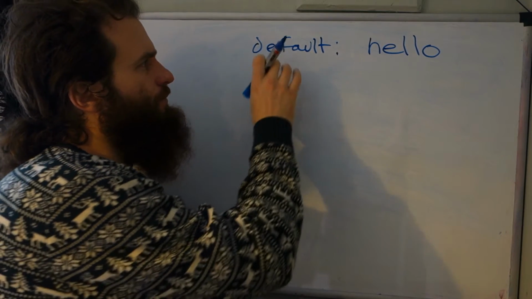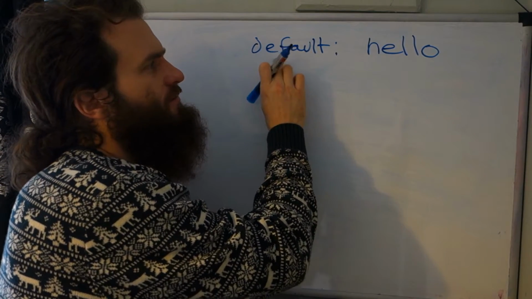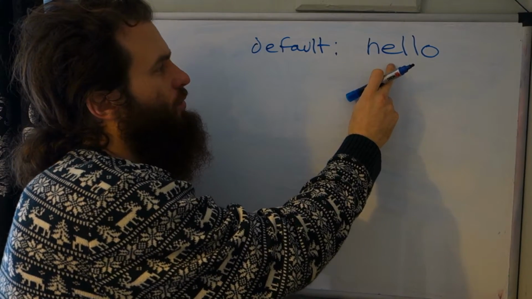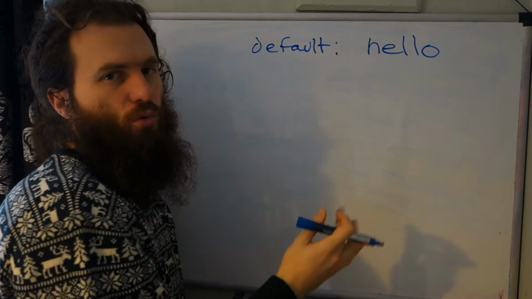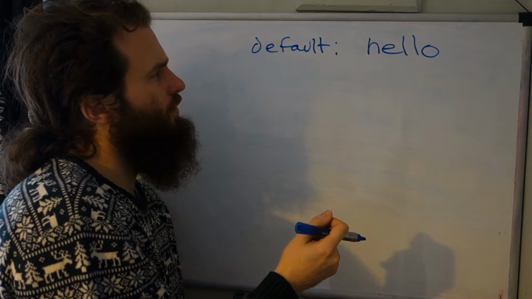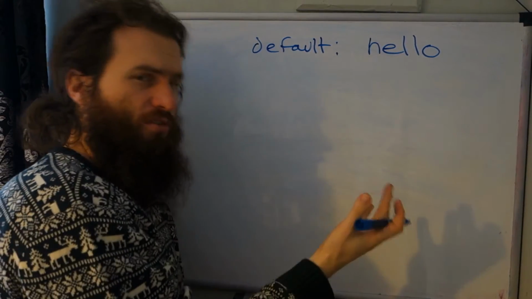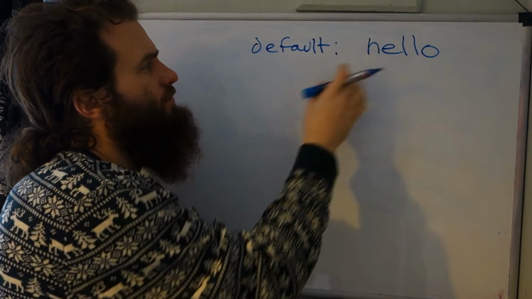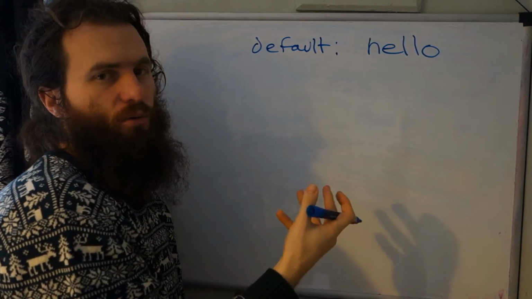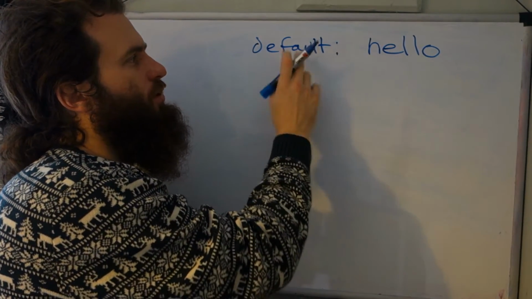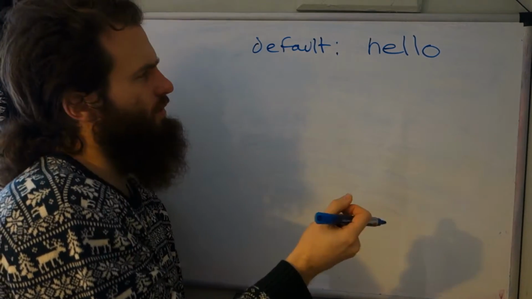Well, actually, the target default had a prerequisite called hello, and we did not specify a rule for it. So because hello is a prerequisite, make will look for a target called hello and try and build that, because it knows it needs to build hello in order to build default, which is what we're trying to build.